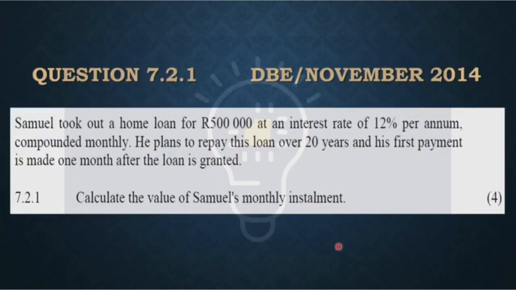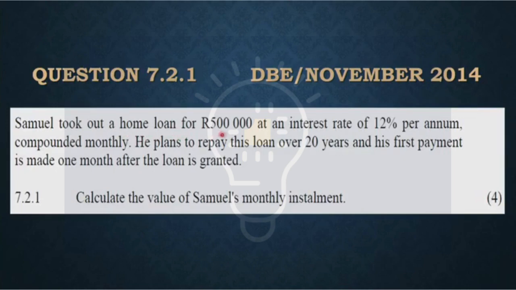So now let's look at questions that involve present value and future value annuities. From the DBE November 2014 paper, question 7.2.1, we have this very interesting question. It said, Samuel took out a home loan. Now, the minute we see that, grade 12s, a home loan, we need to start thinking in terms of a present value annuity, a loan.